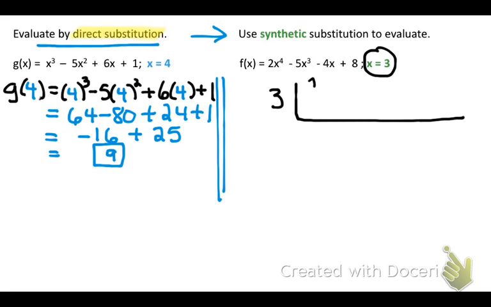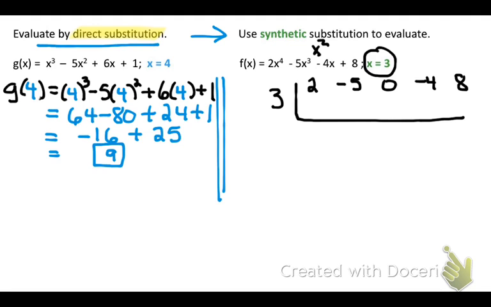So that would be 2, negative 5, 0, negative 4, 8. And the reason we have a 0 is because our x squared value is absent. There's not an x squared, so we're going to include a 0.